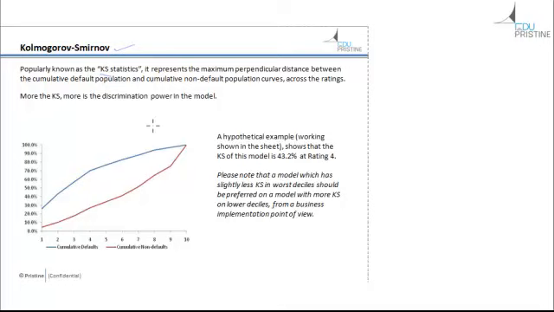It is a plot of cumulative defaults versus the cumulative non-defaults in the rating system. As you can see, the blue line is cumulative defaults.